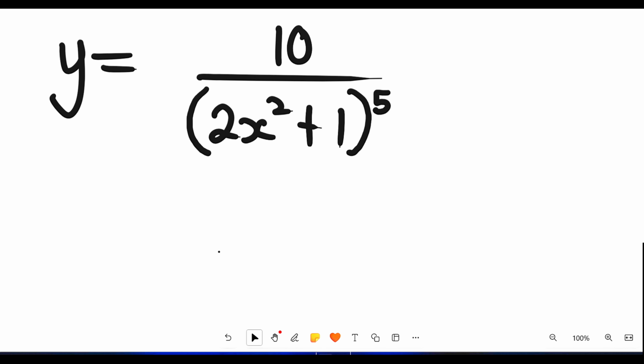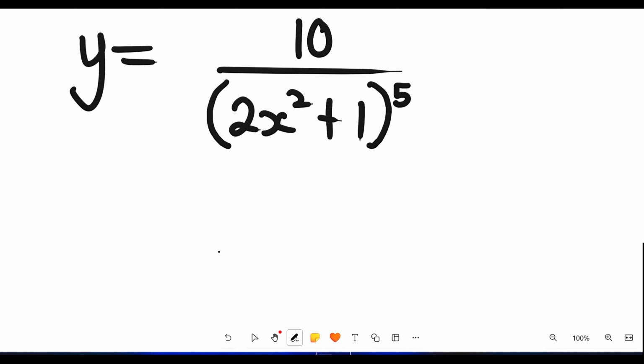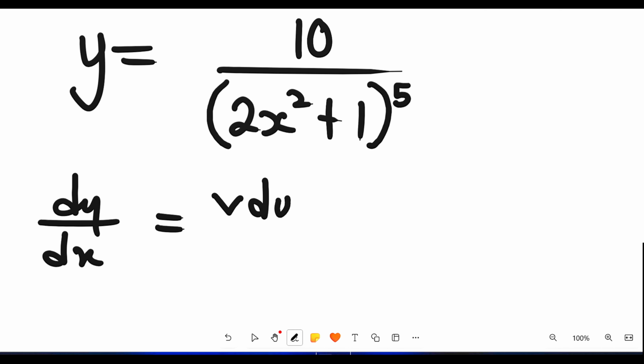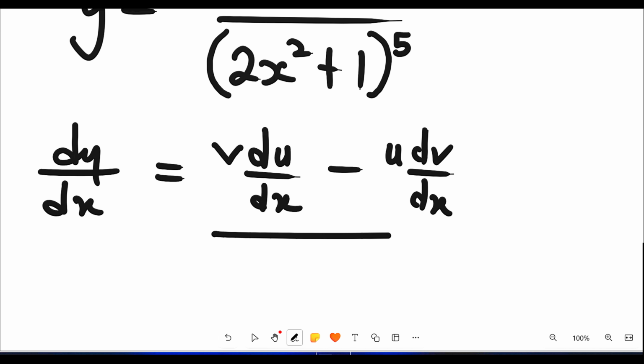So let us put down our quotient rule as we discussed in one of the previous videos. We have our dy/dx equal to v du/dx minus u dv/dx, all divided by v squared.